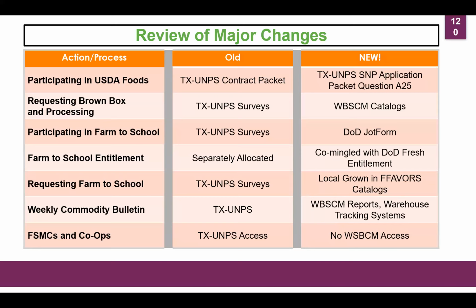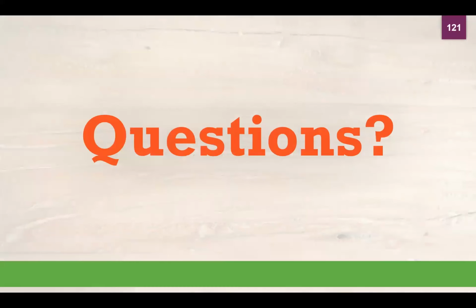Your weekly commodity bulletin is replaced with WebSCM reports and your local warehouse tracking system. Great. So Tamika had listed in the chat that Region 10 Co-op has a forecasting tool to help with forecasting.